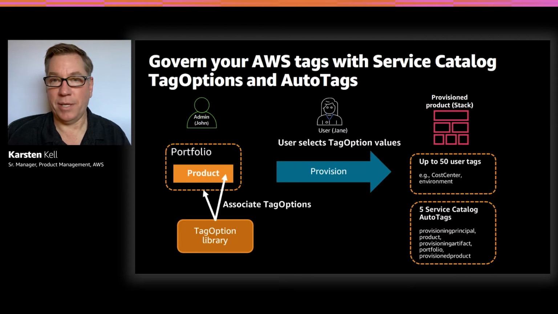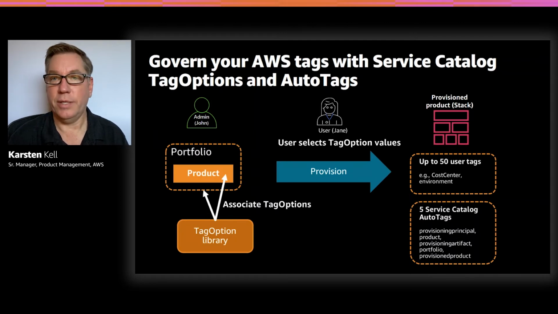One other thing that I haven't mentioned yet is Service Catalog will also provide 5 additional Service Catalog specific system tags. We call them auto tags. They're always there. They don't count against your 50 tag limit, but you can use them. So we include, and I've listed them here, provisioned product ID, the product name, the provisioning principal, which is the user.